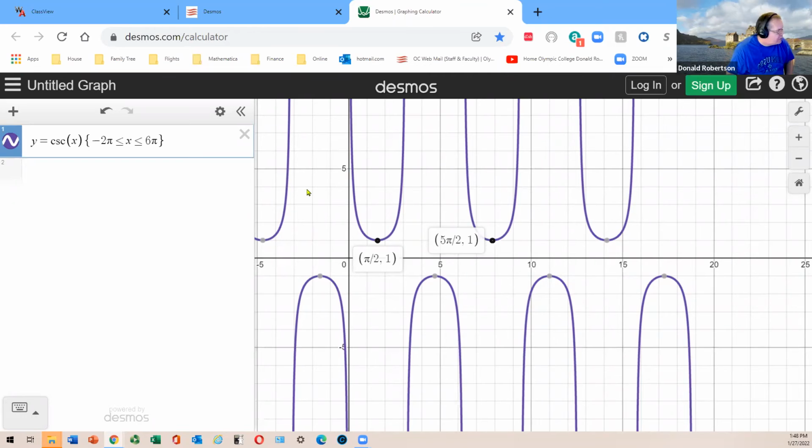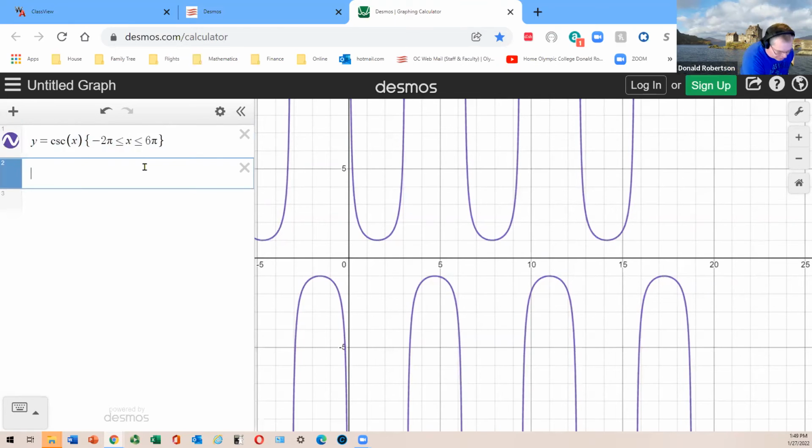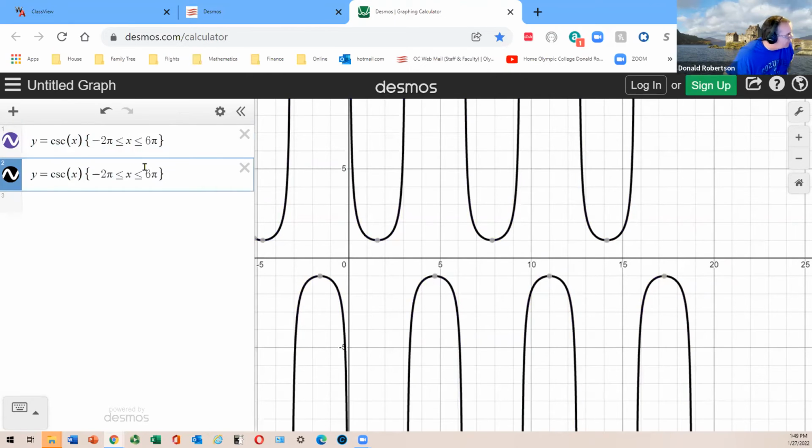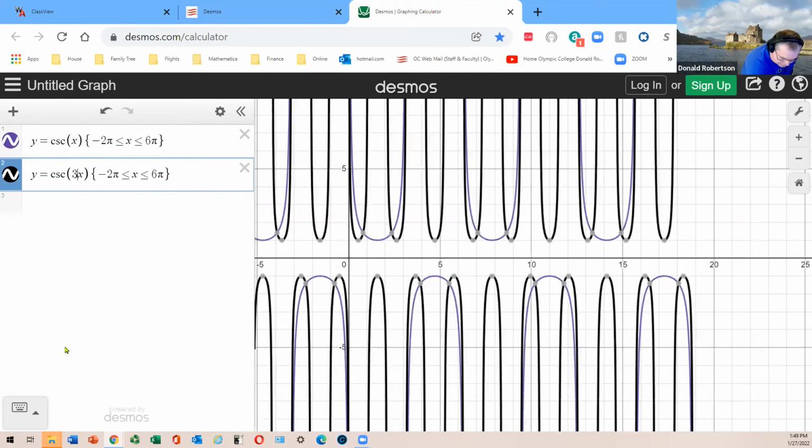Could you have a period? Watch what happens. I'll keep this guy so we've got the original. Now, you could be asked what the period of a given cosecant function is. And I'm going to take this guy and make it 3/2.